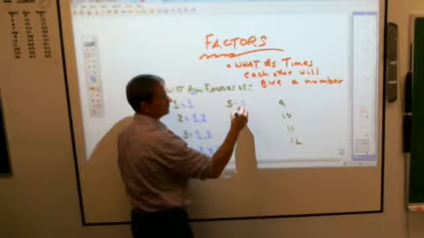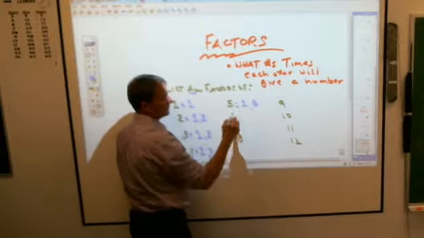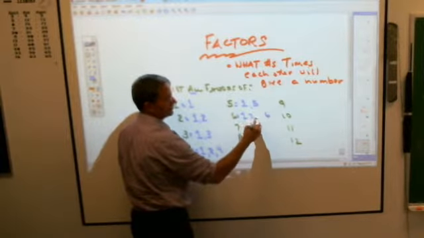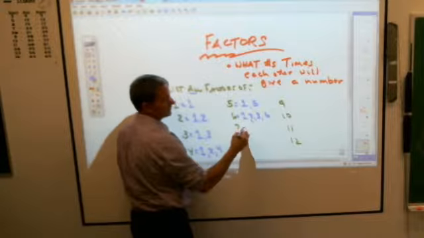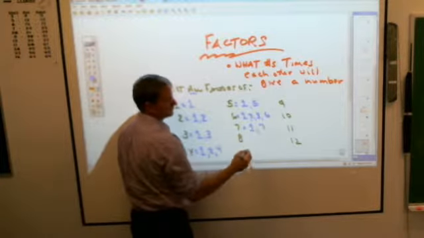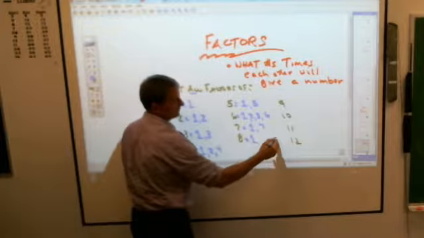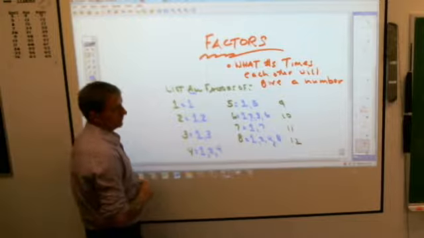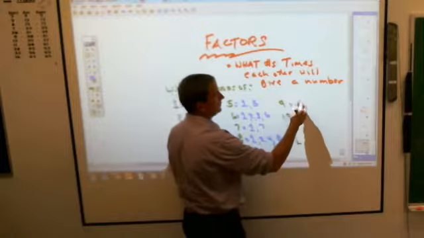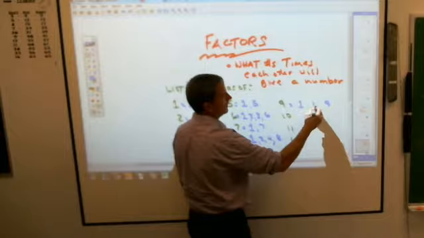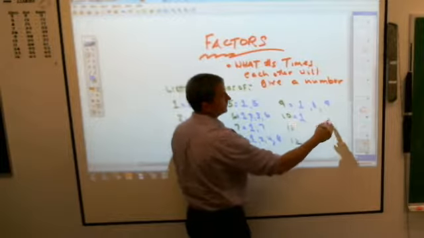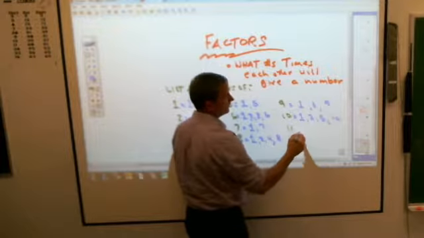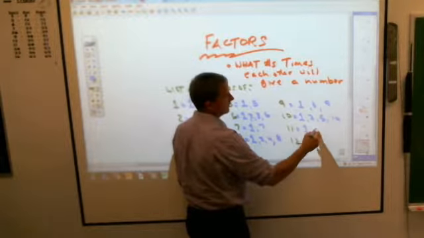The number 5 is just 1 times 5, right? 6, we start getting into a few more. 1 times 6 and 2 times 3. 7 is just 1 times 7. 8 is 1 times 8 and 2 times 4. 9 would be 1 times 9 and 3 times 3. 10 is 1 times 10, and 2 times 5. 11 is 1 times 11.